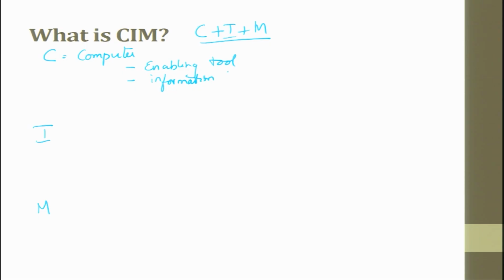CIM, I will divide this into three parts: C, I and M. So I would say C plus I plus M. What does C represent? C is for computer, which is an enabling tool. Next, it helps in information flow. The next one is it helps in information management.